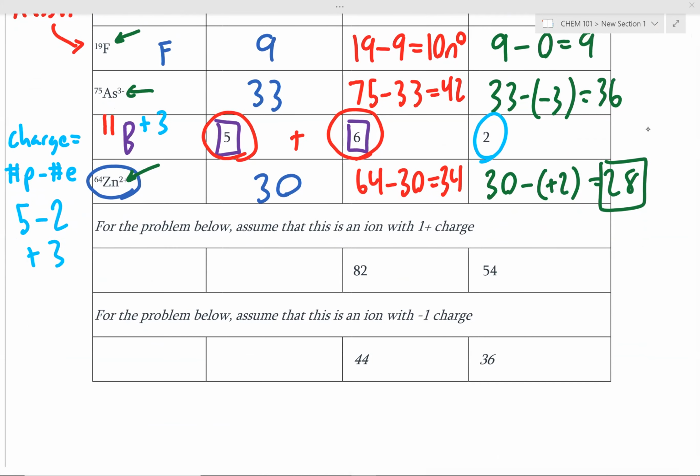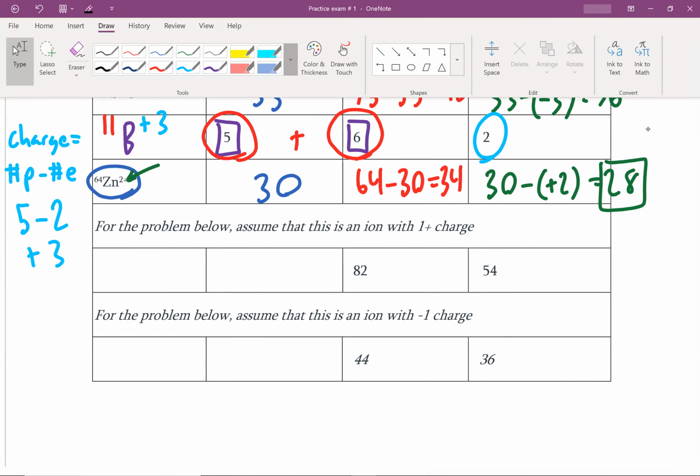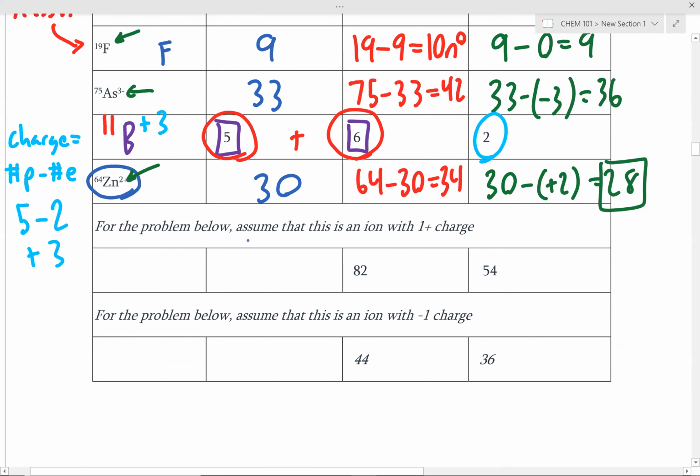So let's talk next about, so we're asked to assume this ion has a +1 charge. Okay. So we have something X with a +1 charge. Okay, so if we have 54 electrons, how many protons would we need to have a +1 charge? Yep, exactly right. So we'd have to have 55 protons.